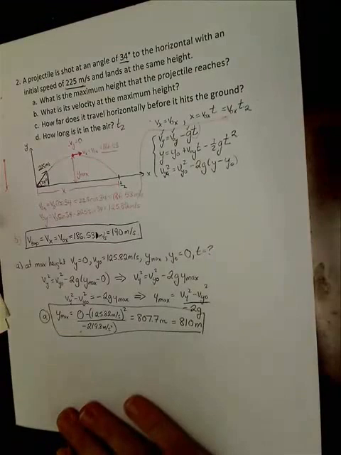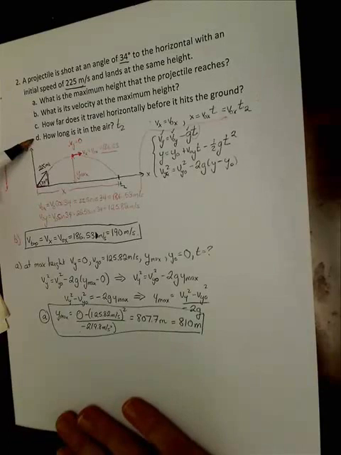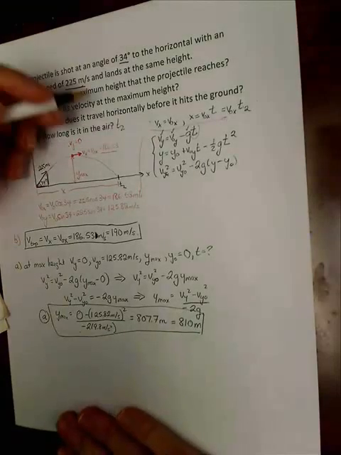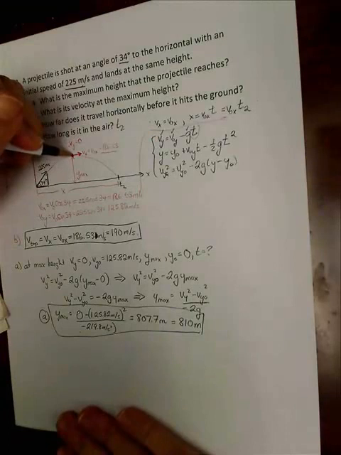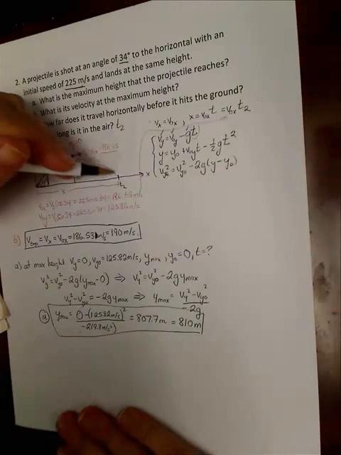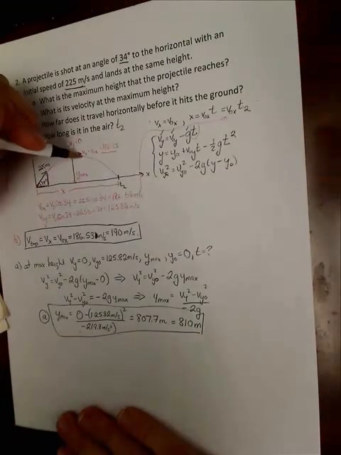So I've got A and B. C we said we can't do till we got the time. And so now let's do D. Okay, so we said that we could use this equation here to get the time when it reaches the peak. How do I get my total time? Well, if an object goes up and lands at the same height that it took off at, then it's going to take the same amount of time to go up and the same amount of time to go down.